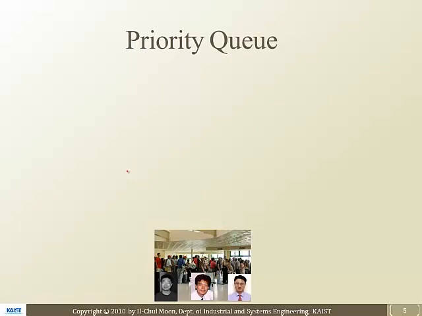So this is the priority queue. You have seen this picture somewhere, coming from the queue. By looking at the direction of these people, Professor Tasigri got here first, Professor Ha Yong-shin is next, and Professor Il Chul-moon is the rest of this line.